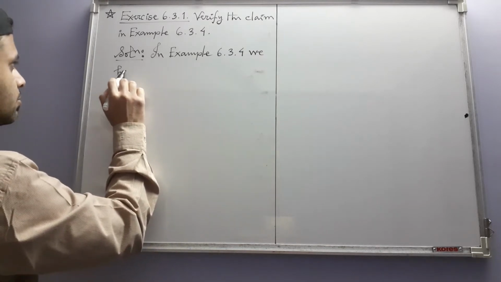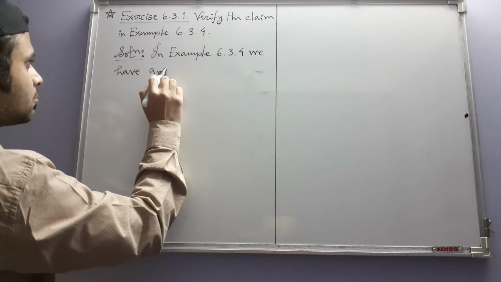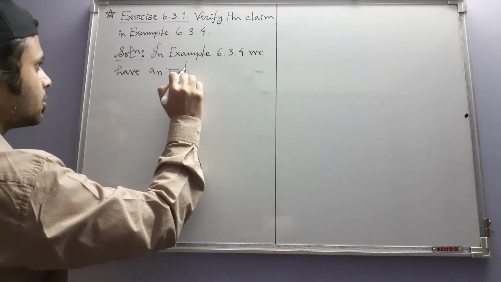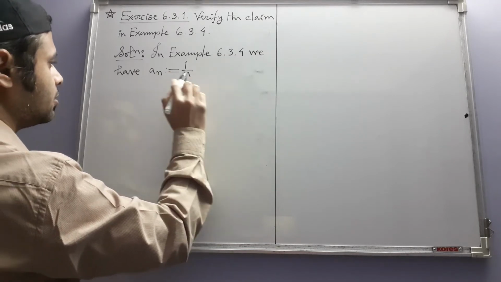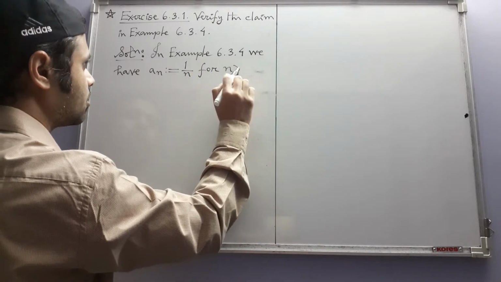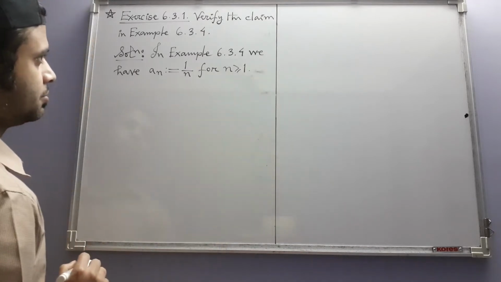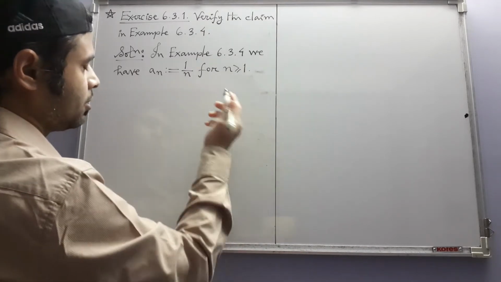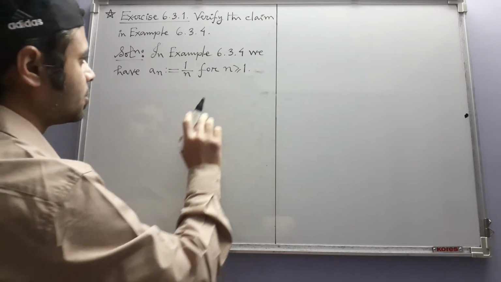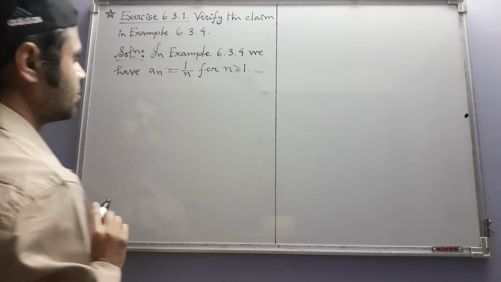We have a_n equal to 1 over n for positive integers n. For all, I am just simply writing for, it means for all n greater than or equal to 1.